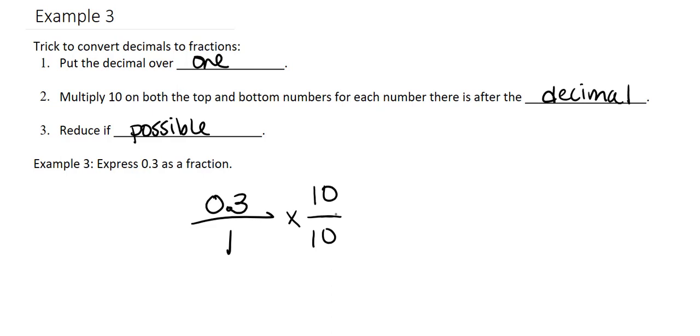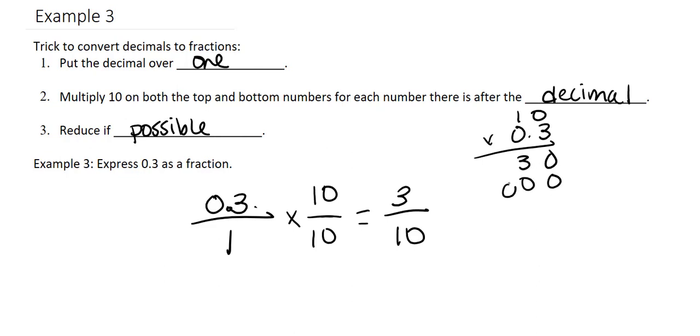Well, when you multiply a decimal by 10, we're really just moving the decimal over 1, right? So we would end up with 3, and 1 times 10, well, that's 10. If you aren't sure about that, let's put it like this. Well, that's 0.3, then we add a 0 here, and then those are just zeros.